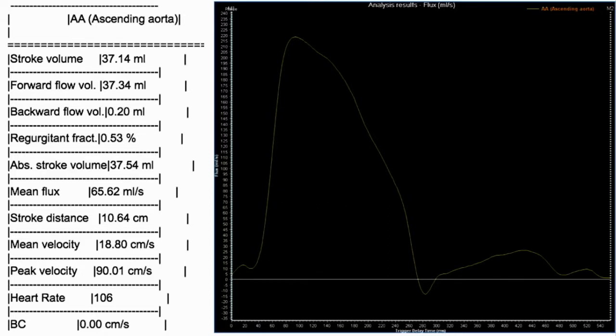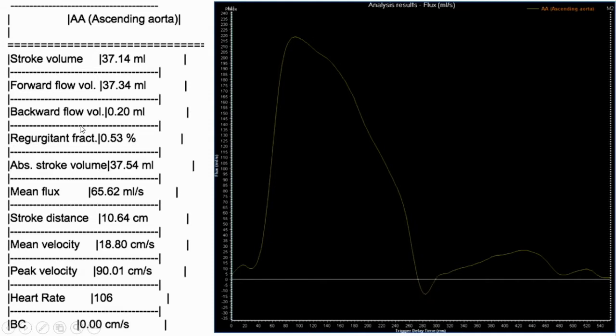So this is an example of the curve obtained after analysis of the phase contrast across the ascending aorta. We get a graphical representation like this, which shows that the stroke volume across the valve is 37.14 ml with forward flow of 37.34 and backward flow of just 0.2, which is represented in this graph as this is the forward flow and this is the slight backward flow.